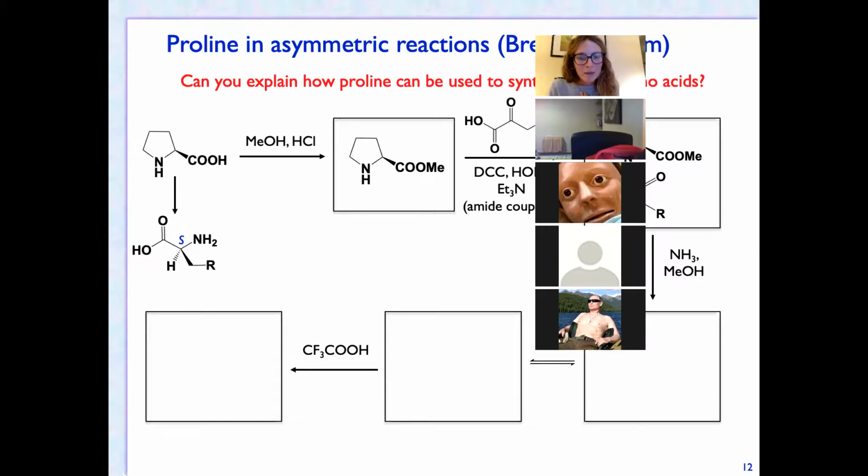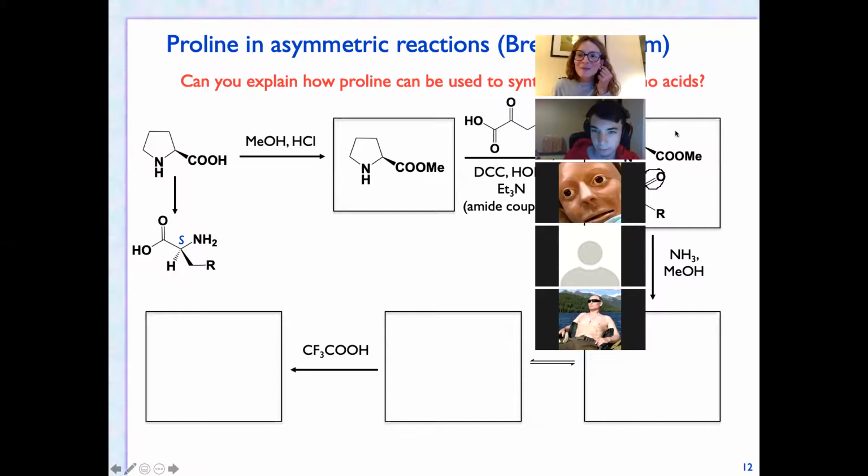Okay? Good. So from here, what happens? We have ammonia in methanol. What may happen? So is the other ketone part turned into an amine? The other oxygen. Oh, sorry. No, it's not that one.